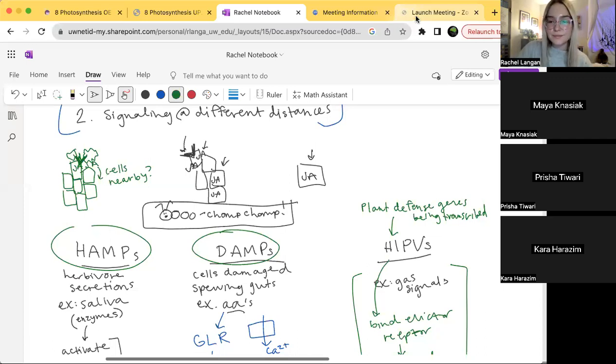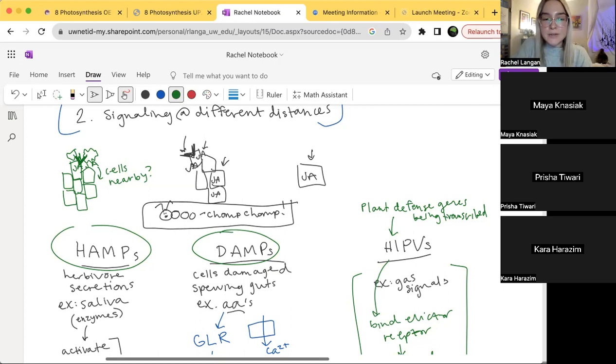I just had a quick clarification question. If someone asks a question, like an animal bit a leaf, how do we know if it's a HAMP or DAMP again? If it just said an animal bit, explain what happens, you could choose either one.